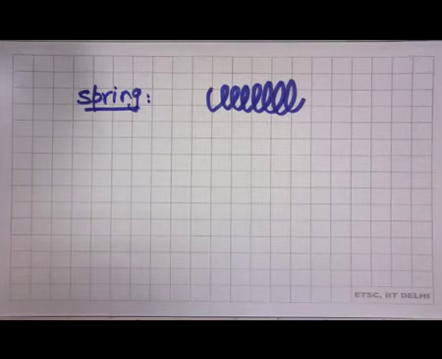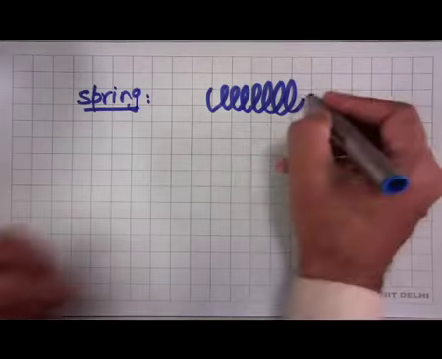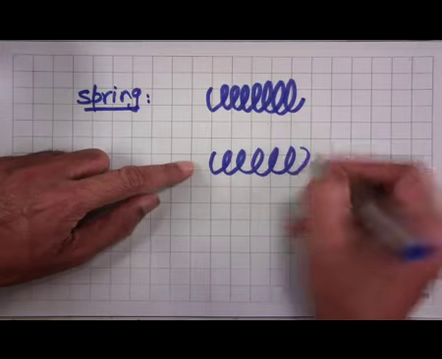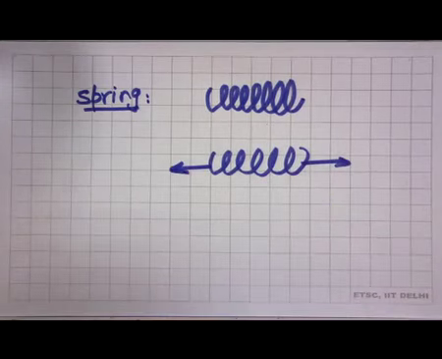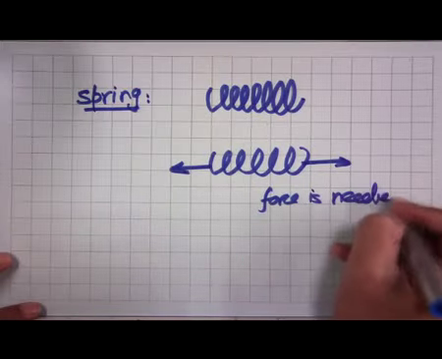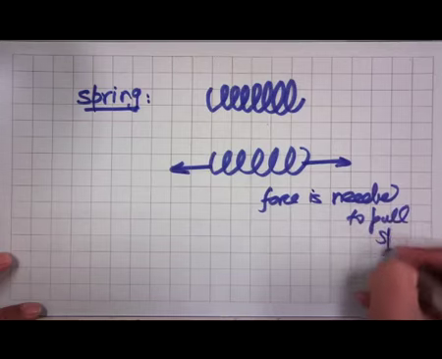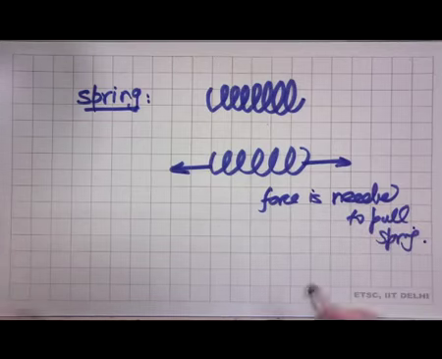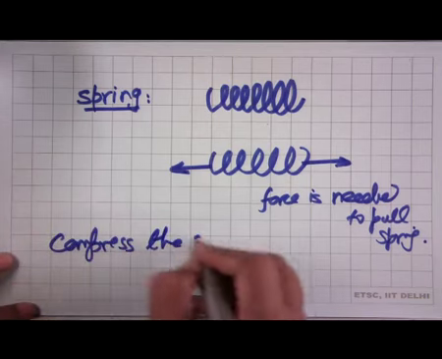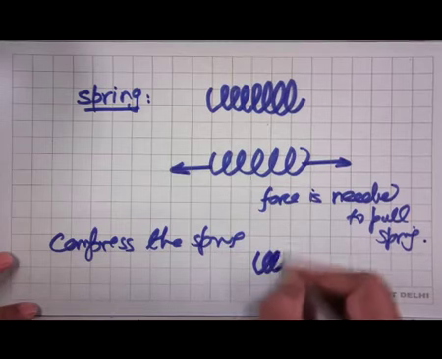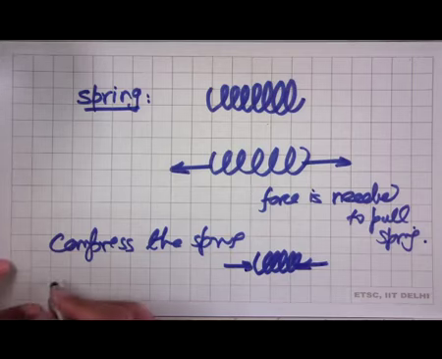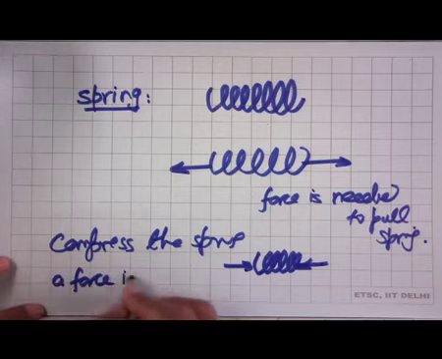Now, if I extend the spring, so if this is the spring and you pull it, then you find a force is needed to pull the spring. And not only can you pull it, we can also compress the spring, which means we take the same spring and compress it, and in this case also a force is needed to compress the spring.